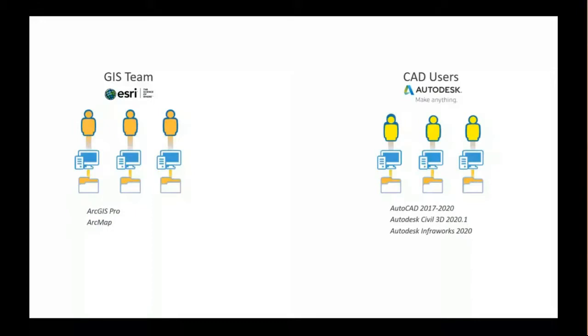Many firms today run desktop GIS software. They're making data and maps either by saving locally to your hard drive or maybe uploading data to a server, an FTP site, a Dropbox.